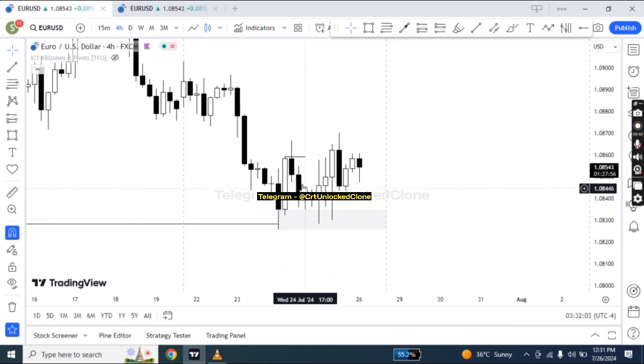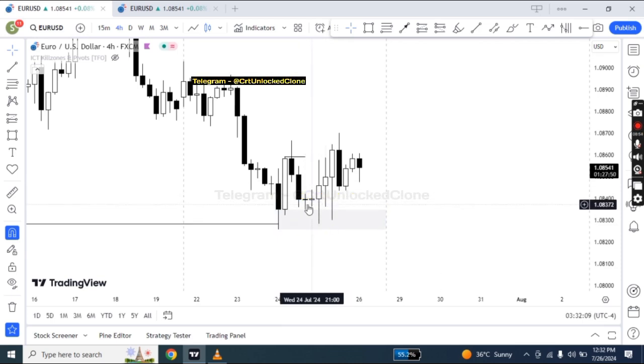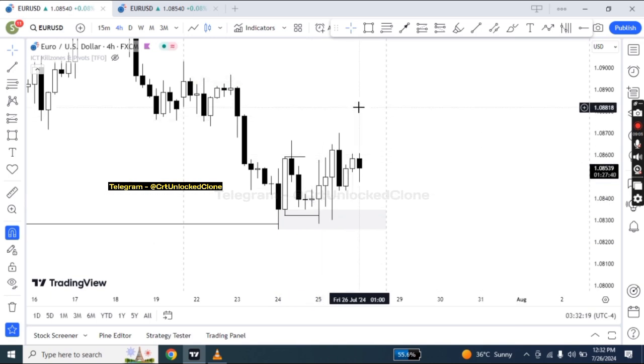So right here you can see that when Thursday's candle opened, we formed this range just above the low of this CRT. As I told you before, on Wednesday I didn't know if this was going to be a CRT or not, and I could only see it today on Thursday after all of this price action had already formed.